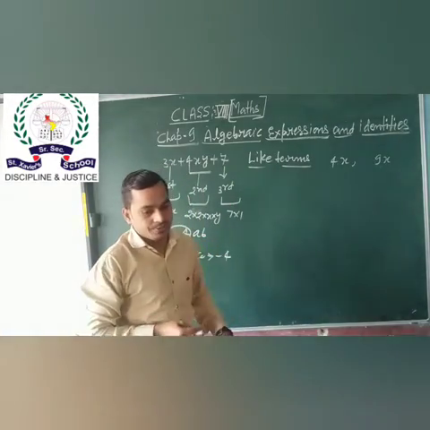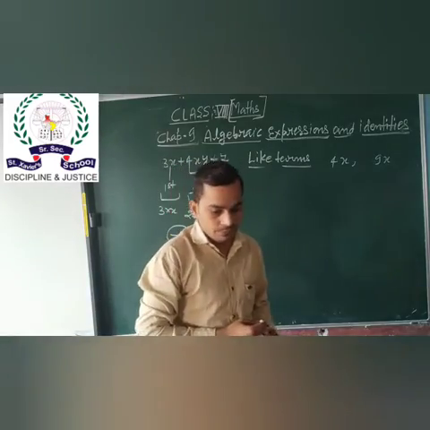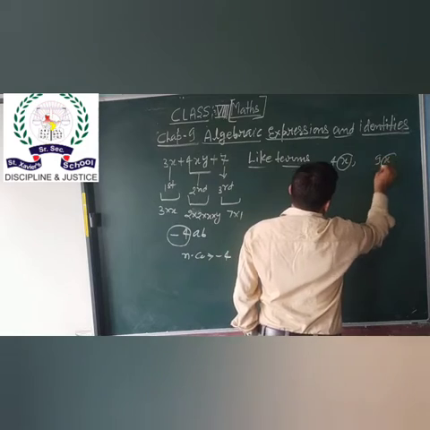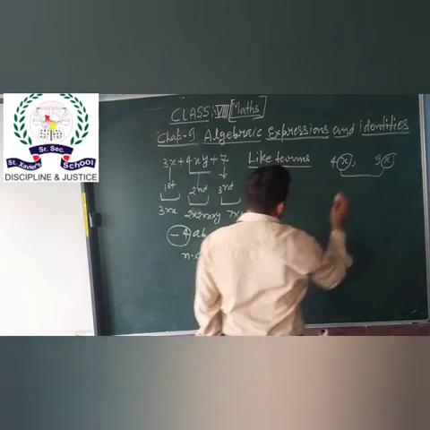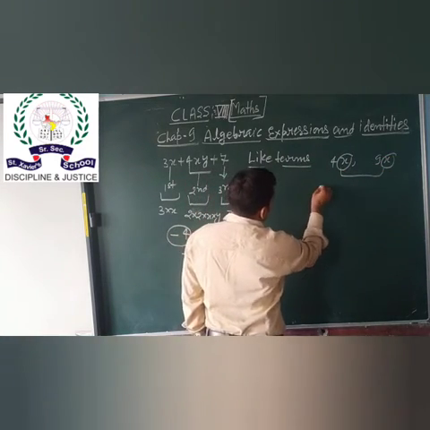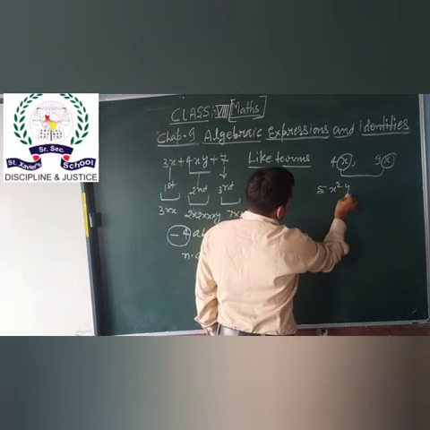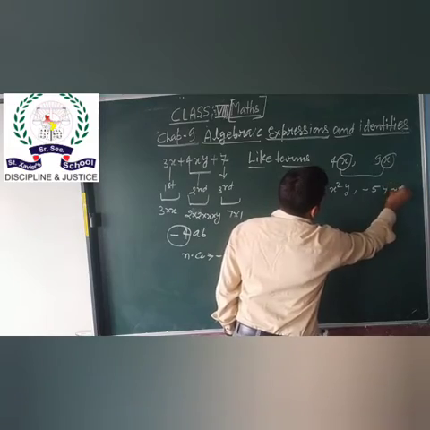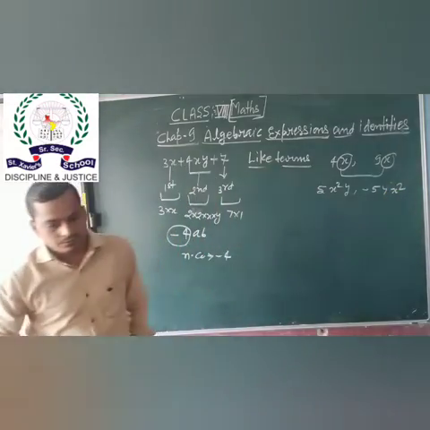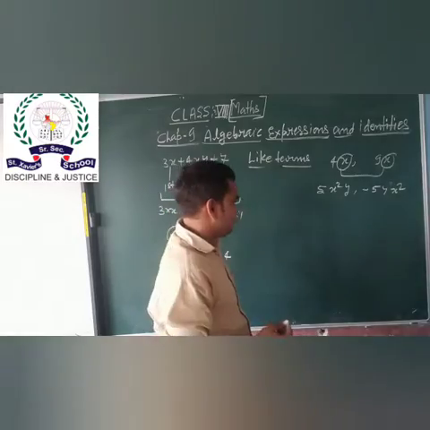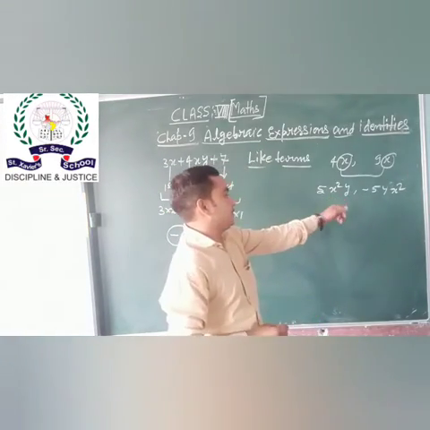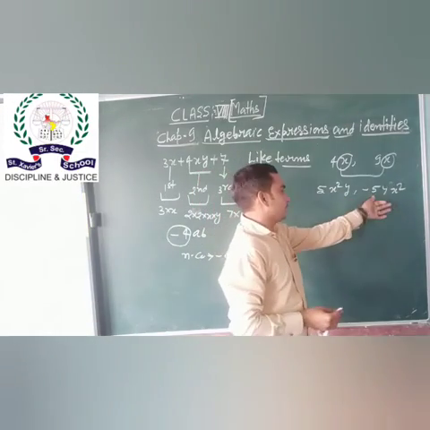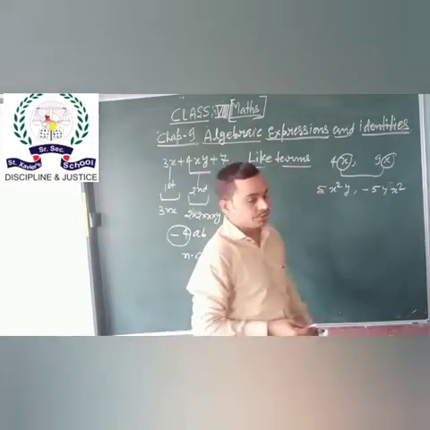Like terms have the same variable and powers. Here we have x and here also we have x, so these are like terms. More examples are 5x square y and minus 5y x square. These are also like terms, because we have x to power 2 y in both, x square y, x square y.